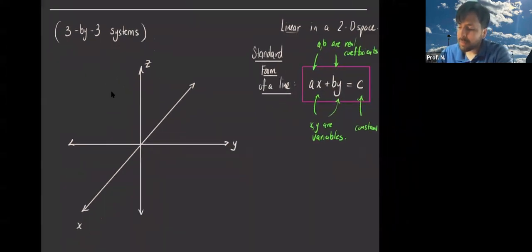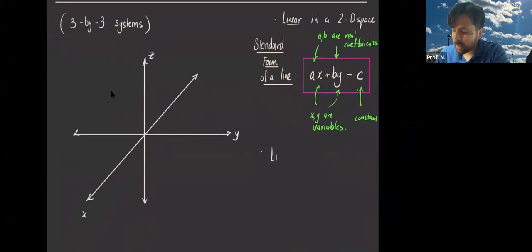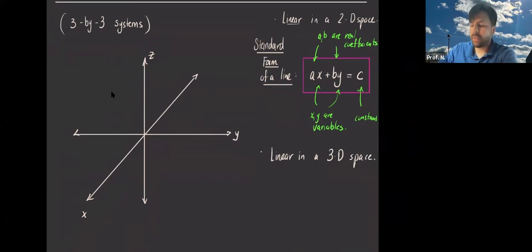And now what does it mean to be linear in a three-dimensional space? We extend the standard form of a line to three-dimensional space. So when we do that, now we're including the z variable. So all that's happening is we're doing the same exact thing. We're doing ax plus by plus cz equals d. Now, what does this represent?